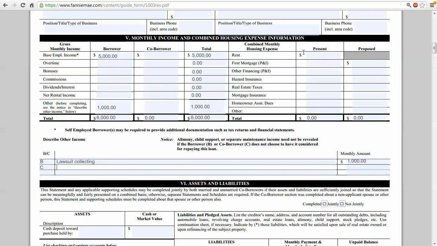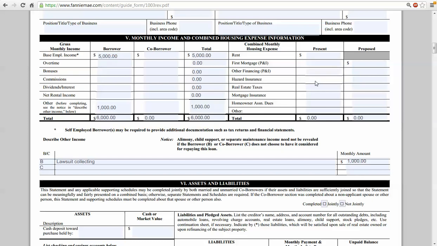Then you'll move over to the right side, which is the expenses side. And if you're renting, then you'll put obviously your rent payment in there. If you currently own, then you'll leave that blank, and then you'll be filling in your current first mortgage. That's just for the first mortgage, the principal and interest. If you have secondary financing, a second mortgage, equity line, you'll put that monthly payment there.